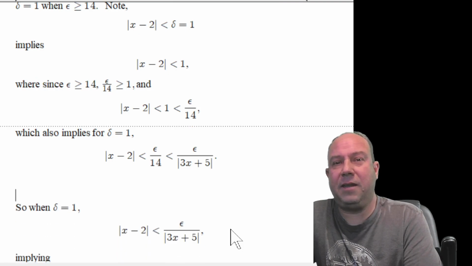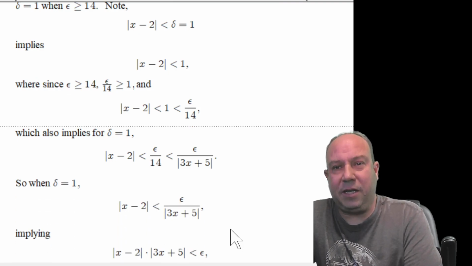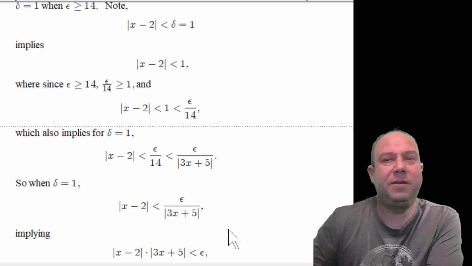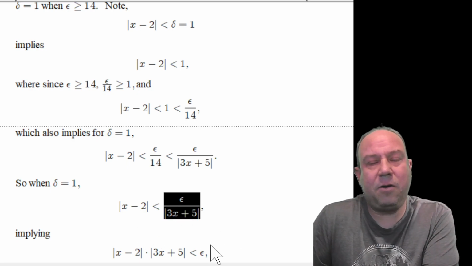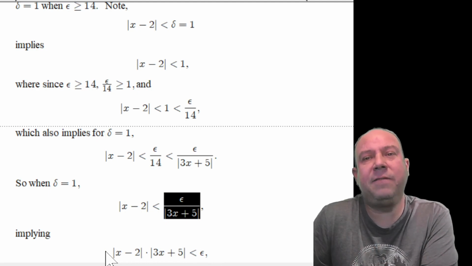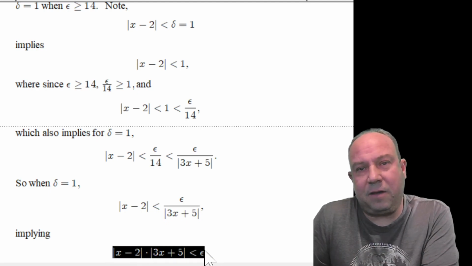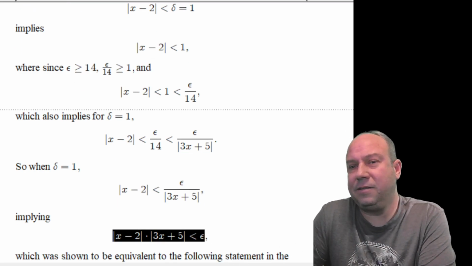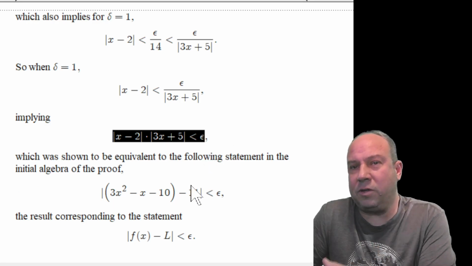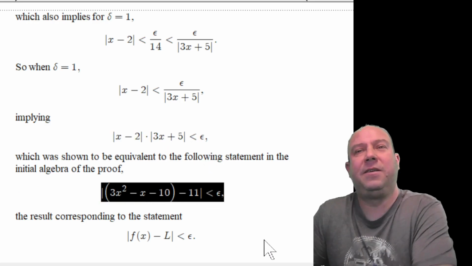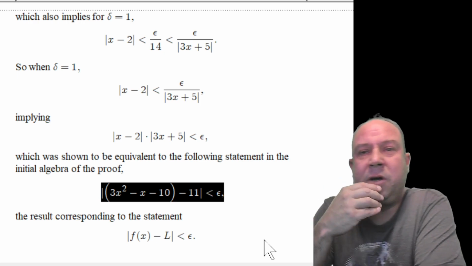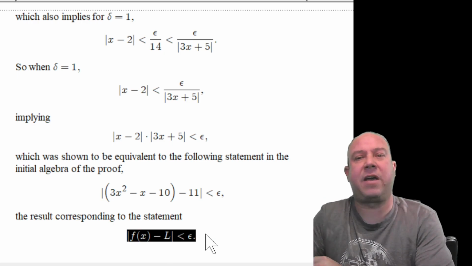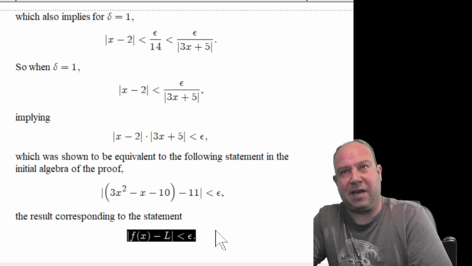And if we bring that up, when delta equals 1, the absolute value of x minus 2 must be less than this argument for epsilon over the absolute value of 3x plus 5, implying that the absolute value of x minus 2 times the absolute value of 3x plus 5 must be less than epsilon, which we have shown is equivalent to the above statement through our initial algebra in the proof, which is the corresponding statement for the absolute value of f of x minus L being less than epsilon.